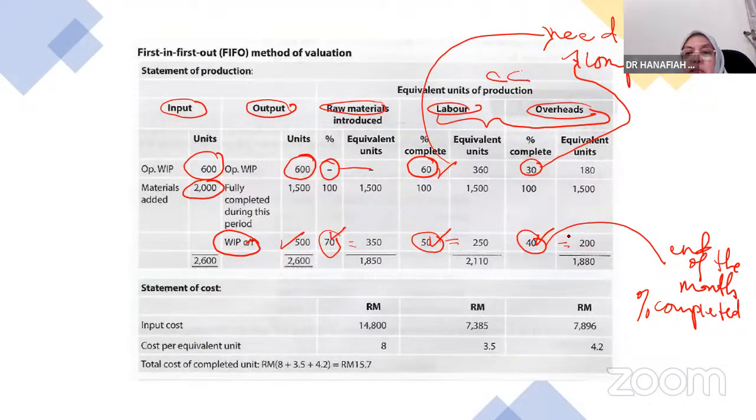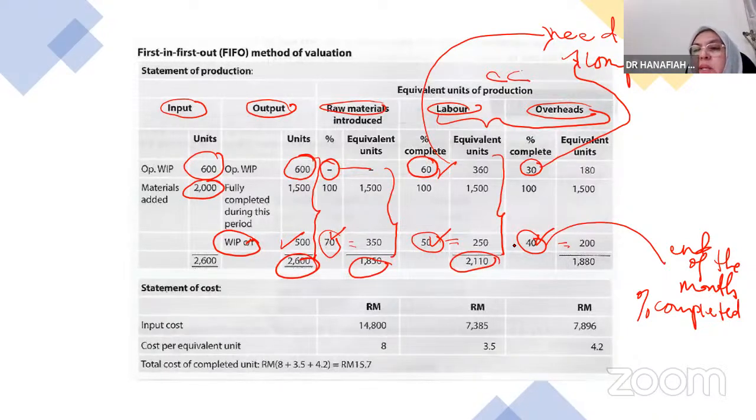Now you can calculate the number of units for the raw material, and the labor, as well as the overhead. And again, when you do the statement of cost, where do I get this cost?